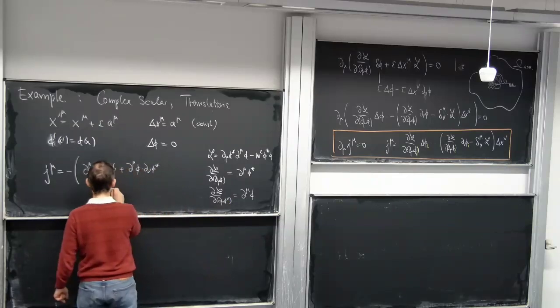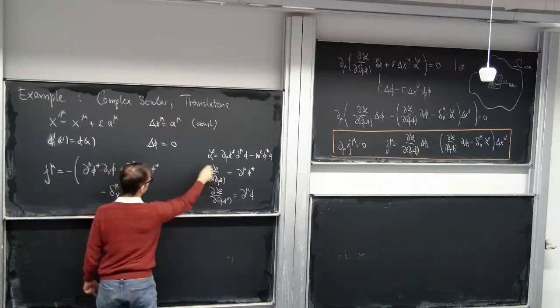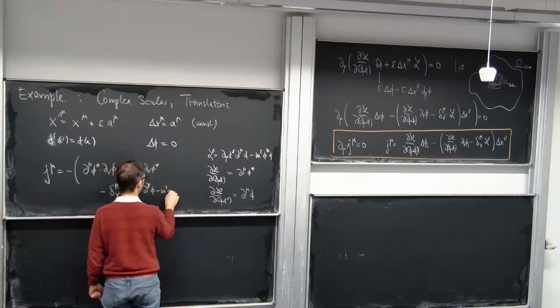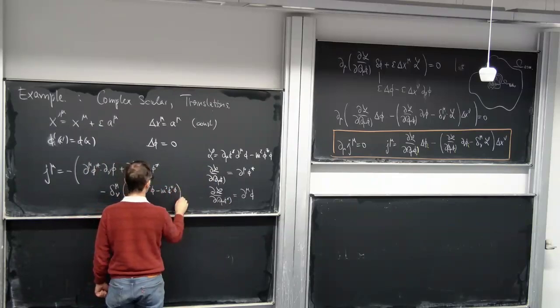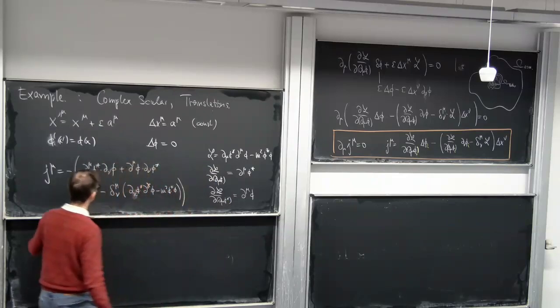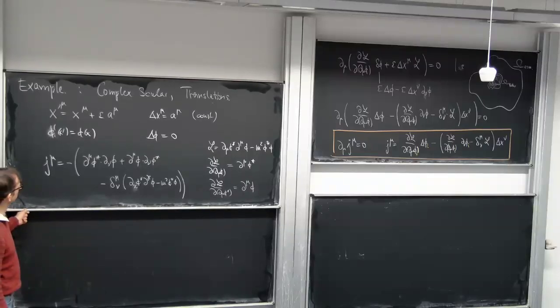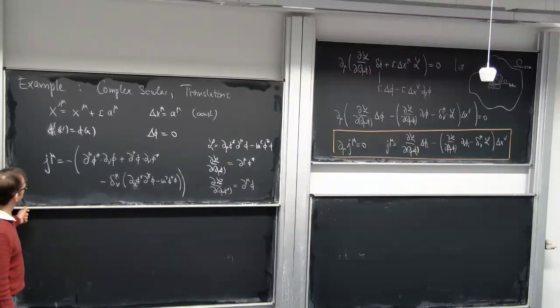There minus delta mu times the Lagrangian, and that is d mu phi star d kappa phi minus m squared phi star phi. And that's the current J. That's just what it is, and I can't simplify it.